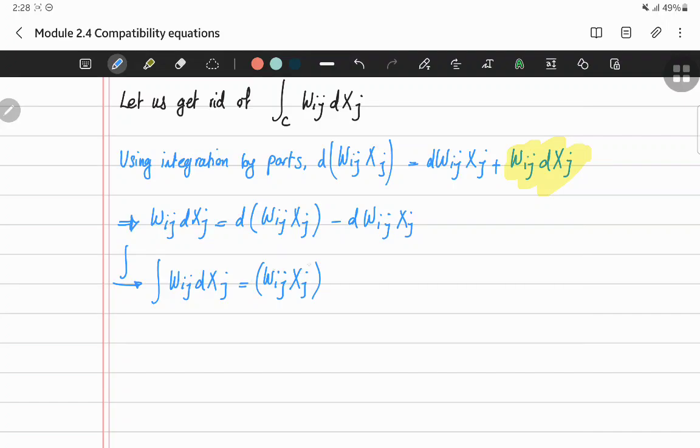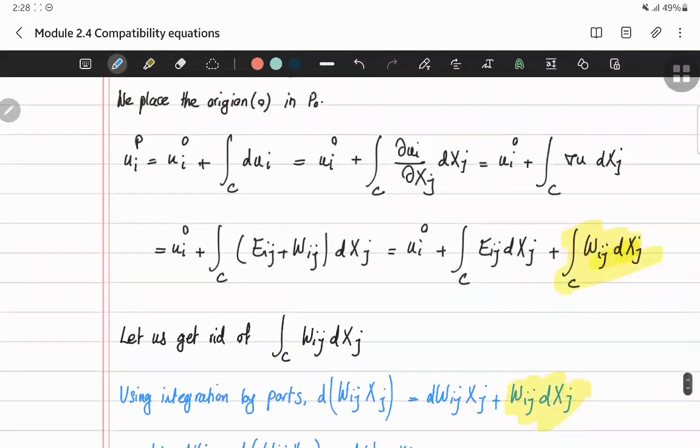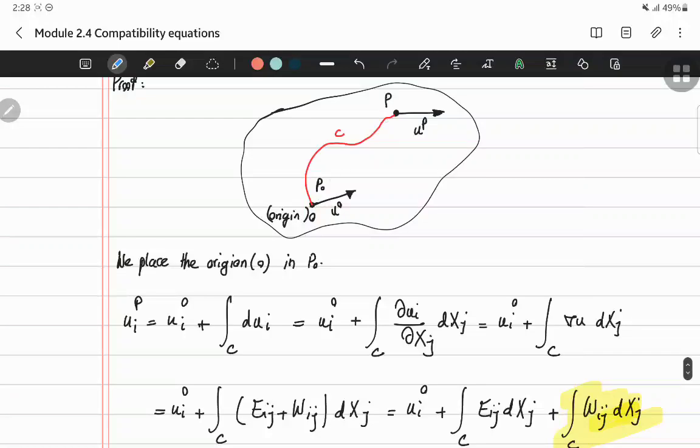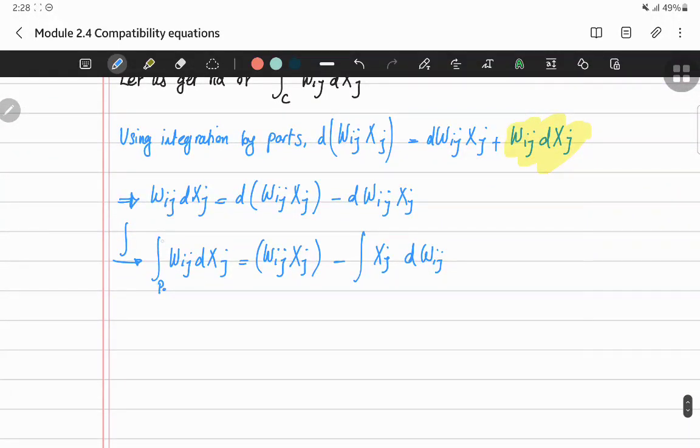Because this is d, so it becomes itself, minus the integral of xj dwij, right? So this d is here. And remember here, we are doing this from p0 to p, where this p0 is basically the origin, because we moved the origin to p0.